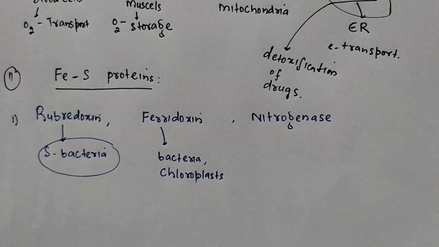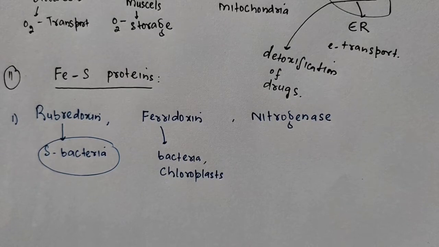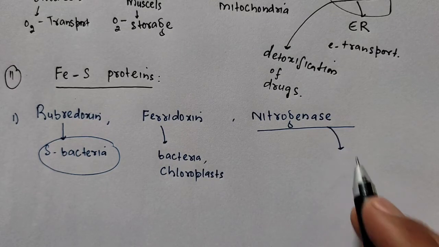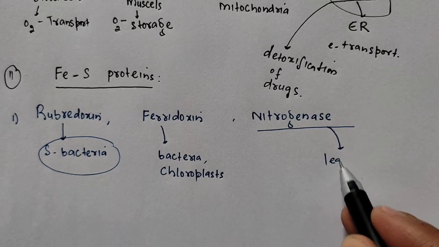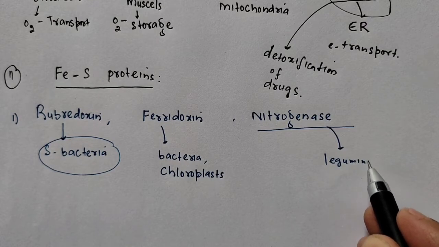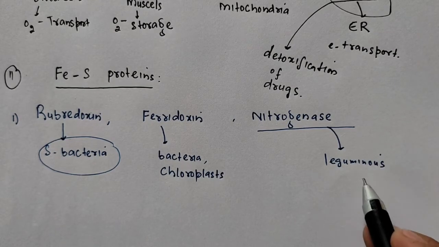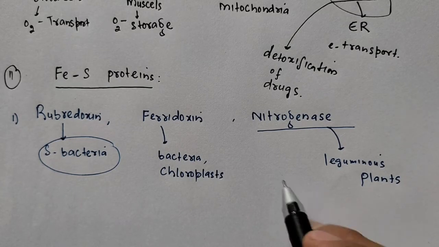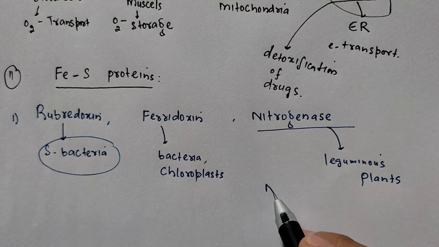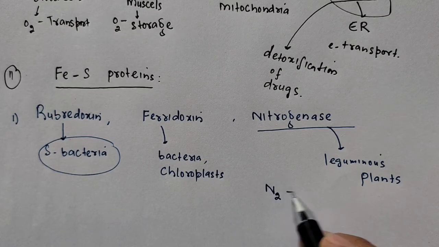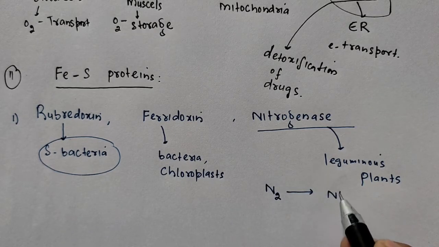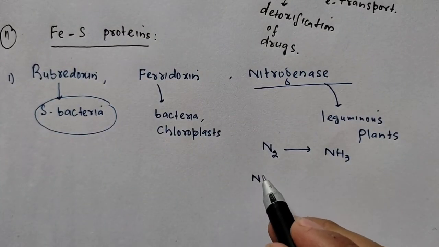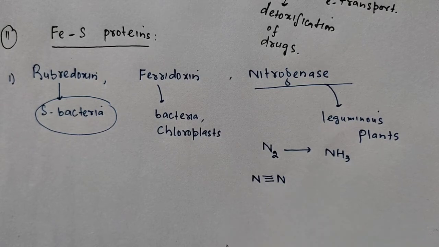Then we have nitrogenase. Now this is very important. Nitrogenase जो है, what is present in the plants, those leguminous plants. So what this nitrogenase enzyme does, it fixes the atmospheric nitrogen and then converts this into ammonia. So अगर आप नाइट्रोजन का स्ट्रक्चर देखोगे, it is N triple bond N. ठीक है.